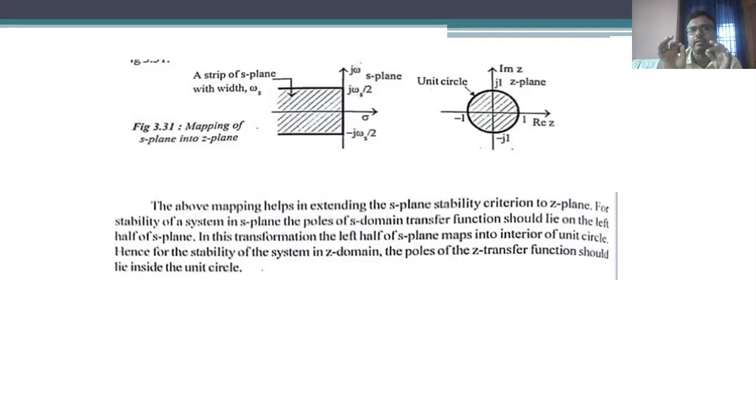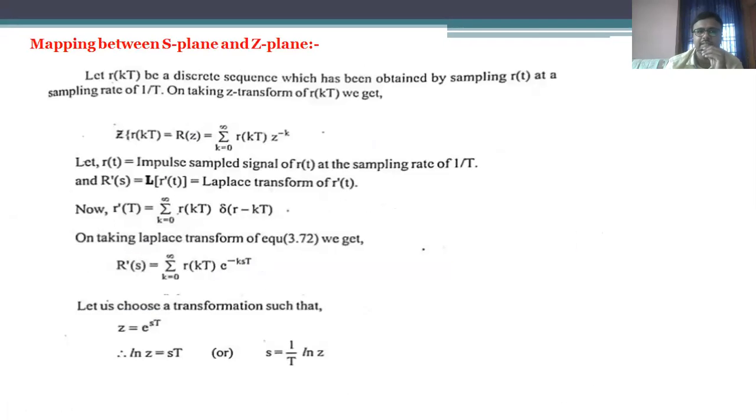As I have previously explained, if the poles of a transfer function in the S domain are placed on the left hand side of the S plane, then that system is called stable. Similarly, if the poles of the Z plane transfer function lie within the unit circle, then that system is called a stable system in the Z plane. Okay, this is the mapping condition between the S plane and Z plane.